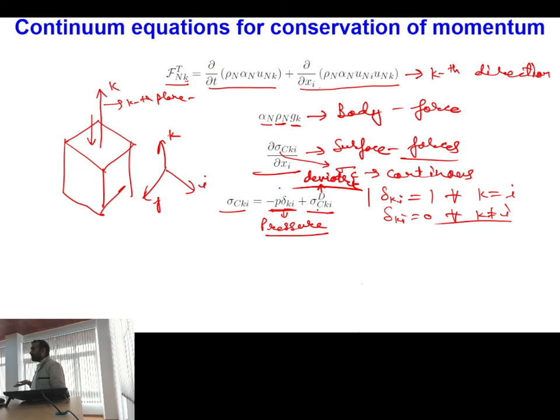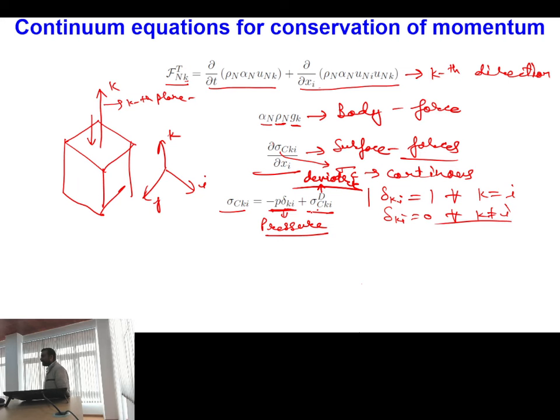For a Newtonian fluid, this stress tensor will have three normal components: 2 mu del u by del x, 2 mu del u by del y, 2 mu del u by del z, and there will be three symmetric shear components. Three symmetric means 6 in total.